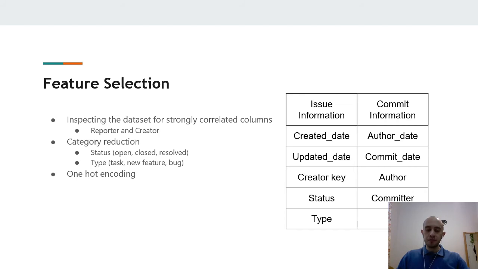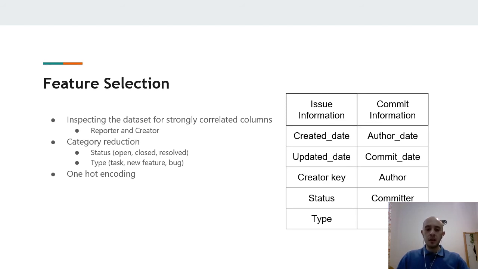Next, we checked the histograms of the status and type columns related to issues, because they are categorical data, and we figured out that we can reduce this categorical data to main categories by studying these histograms. We ended up reducing the status categories to 3 categories: open, closed, and resolved. And for type, we reduced it to task, new feature, and bug.